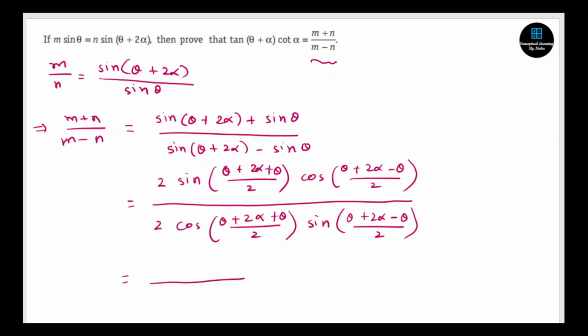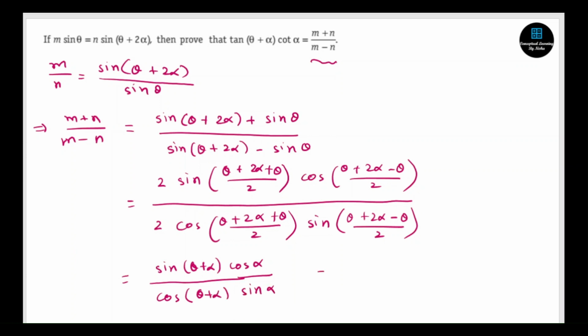So what I can write here in the numerator, this is sine of 2 theta plus 2 alpha upon 2. So 2 will get cancelled out, and I can write this as sine theta plus alpha, right? Then cos: theta is cancelled out and just alpha I'll get. Then here what I am getting, cos theta plus alpha and sin alpha.